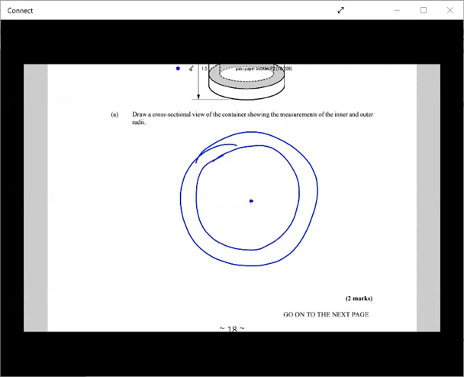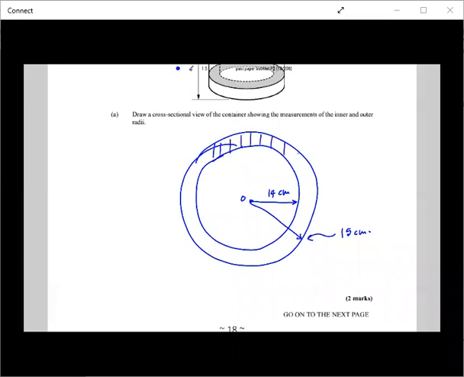This is the center. This is the inner radius, which is 14 centimeters. And this is the outer radius, center O, which is 15 centimeters. All right, is the diagram you have looking something like this?